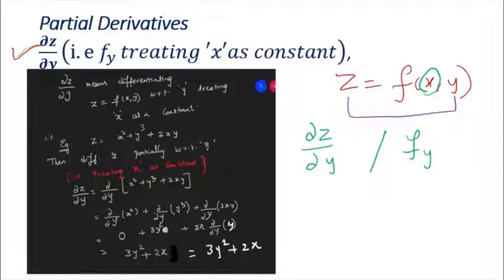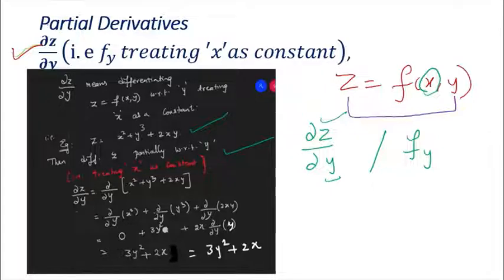That is differentiating z with respect to y, treating any element other than y as a constant. Now I have taken the same function, z is equal to x square plus y cube plus 2xy. Then differentiate z partially with respect to y, that is treating x as a constant.